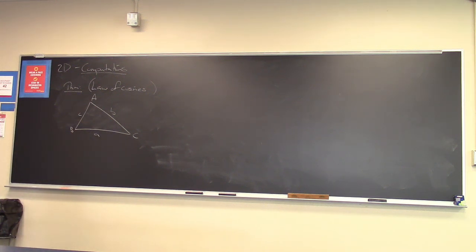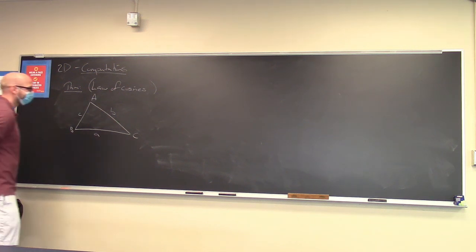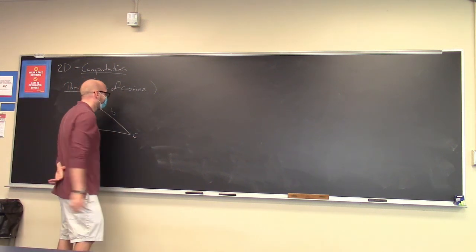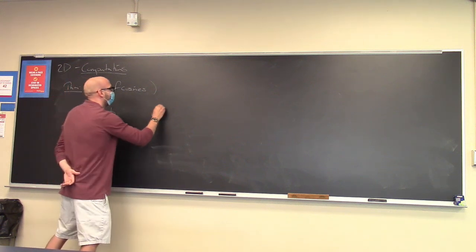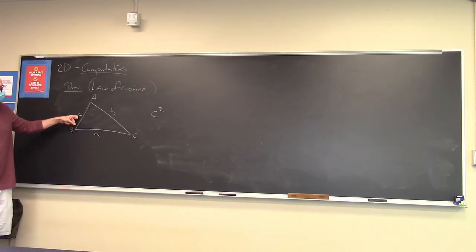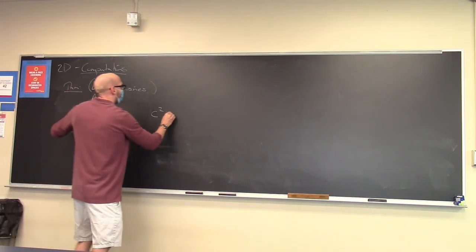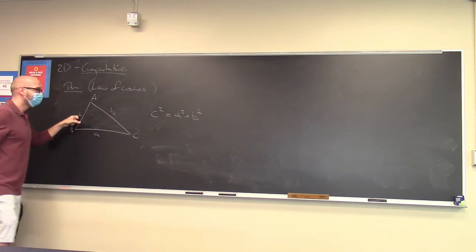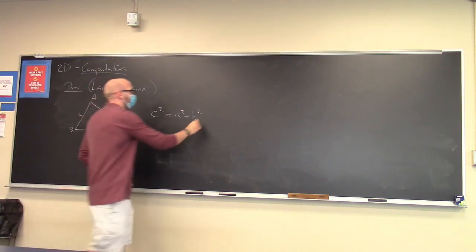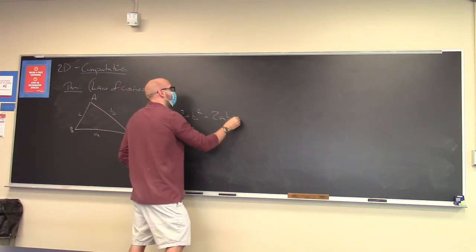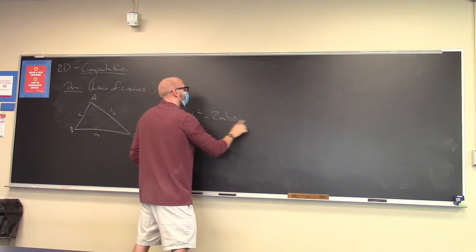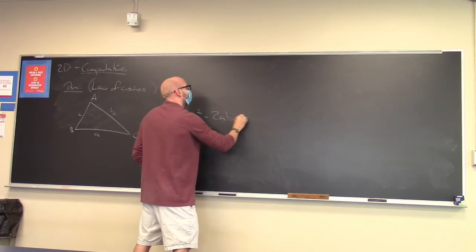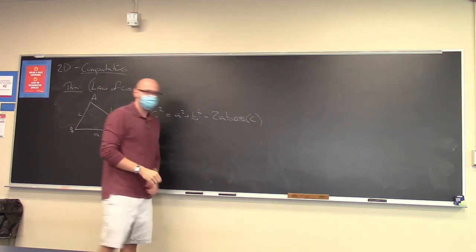Do you guys remember this one by heart? I often forget it, to be honest, but it says this. It says c squared, so this side length, is a squared plus b squared minus 2 times a times b times, not sine, it's the law of cosines, cosine of angle C.